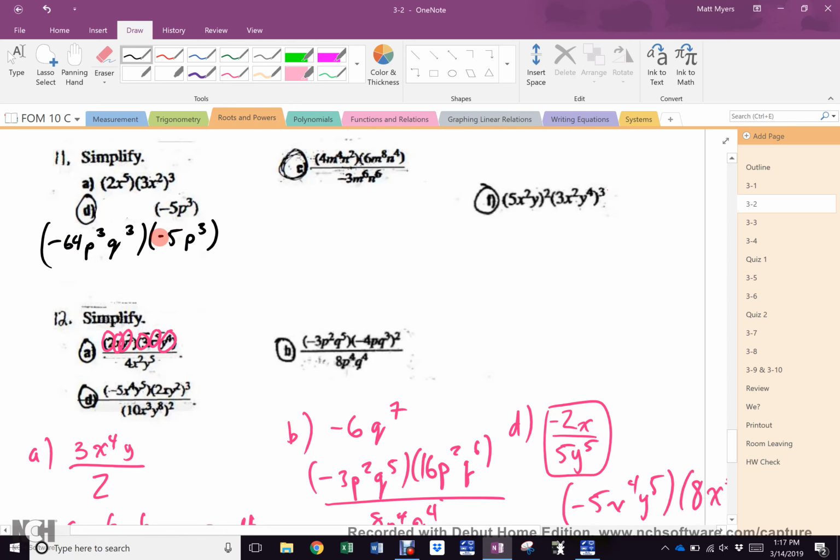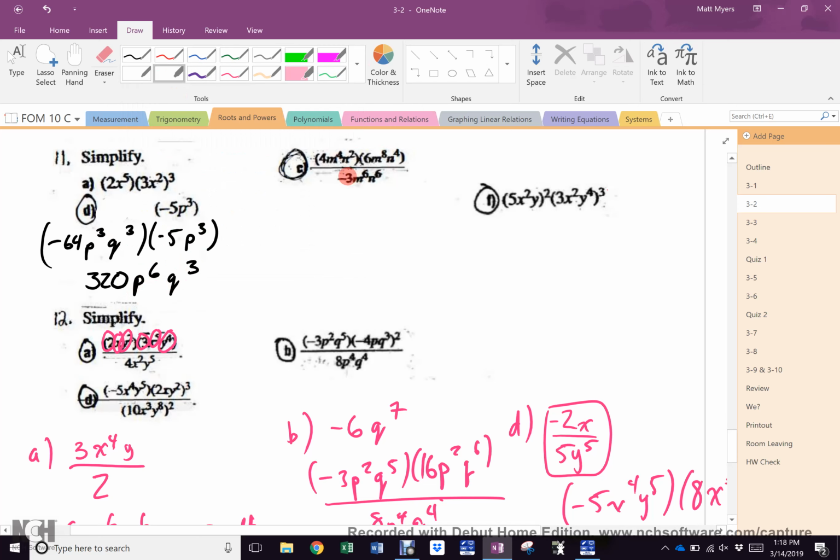Negative 64 times negative 5 is positive 320. P cubed and p cubed, are they the same base? So what do I do with the exponents? So it is p to the 6th. Are there any other q's? So it is q to the 3rd. That's it. That's your answer.